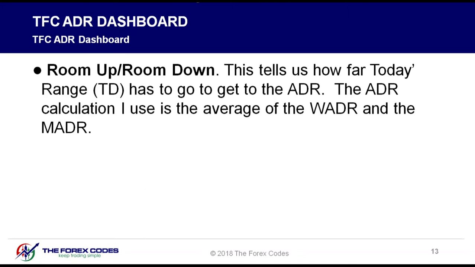If room up is saying there's 40 pips before it gets to its ADR long, you might say, yeah, I can go for a 20 pip trade. Conversely, if you're looking at a short trade, let's have a look at the room down. If the room down is saying 10 pips, and you want to go for 20 pips, it's not a high probability trade, is it? So room down and room up is important.